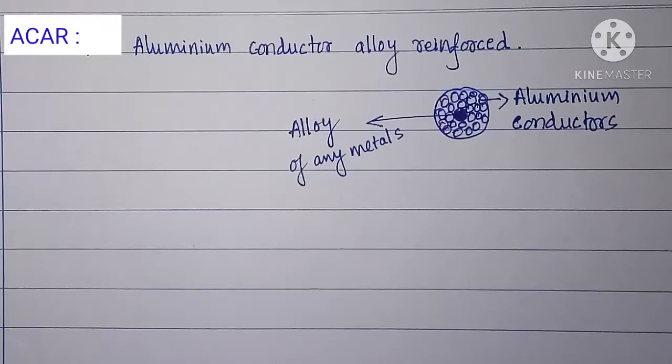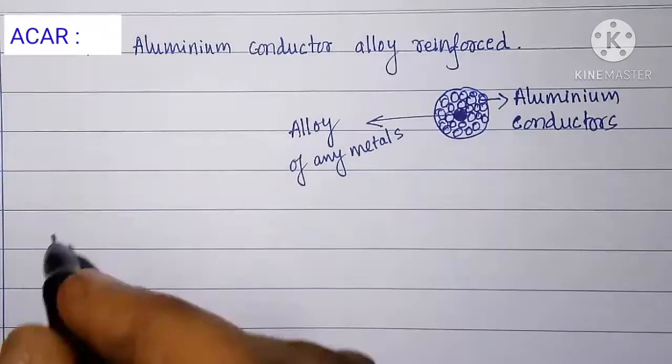Among all these classes of aluminum conductors, ACSR conductors are most widely used type of conductors.